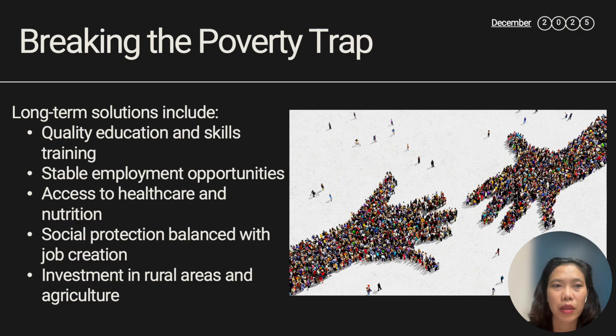Then stable employment opportunities, which of course are provided by the government. Access to healthcare and nutrition, because health affects the well-being of a person, and that affects his productivity, and eventually the economic growth and development of a society.